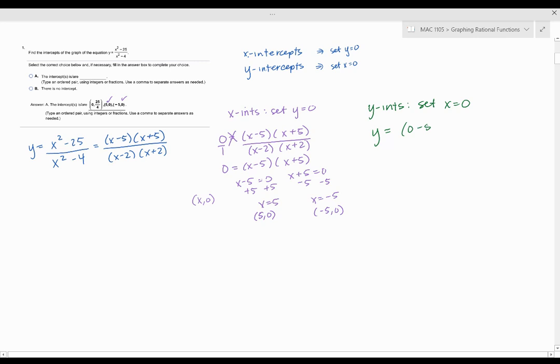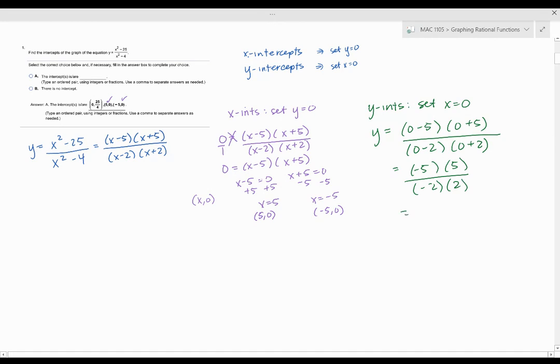So that's 0 minus 5, 0 plus 5, over 0 minus 2, 0 plus 2. All right, so in the numerator, 0 minus 5, that's negative 5. 0 plus 5, that's positive 5. In the denominator, 0 minus 2, that's negative 2. And 0 plus 2, that's positive 2.